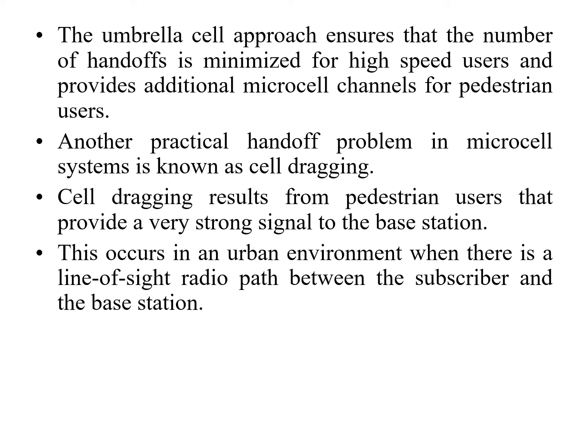for pedestrian users. Another practical handoff problem in microcell systems is known as cell dragging. This results from pedestrian users that provide a very strong signal to the base station. This occurs in an urban environment when there is a line of sight radio path between the subscriber and the base station.